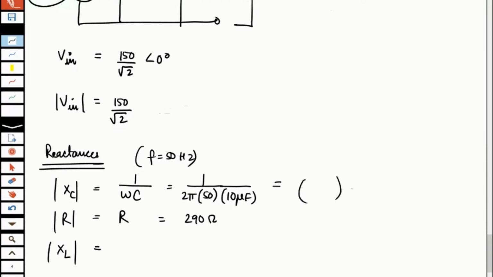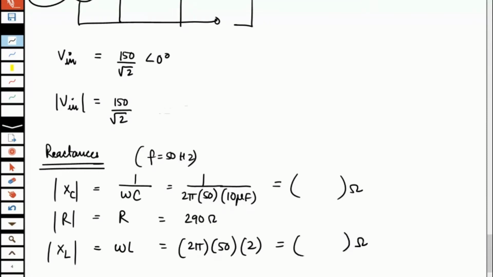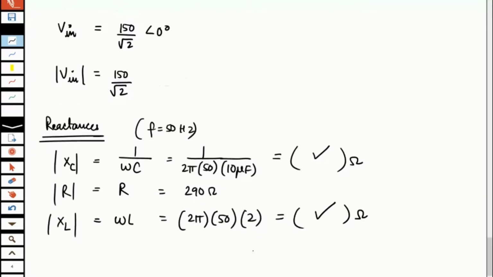Please calculate that value. The mod of XL is omega L, that means 2 pi f into L, which will be something ohms. Calculate these correctly, please. I'm not going to show you the answers right now, but these are going to be some values.